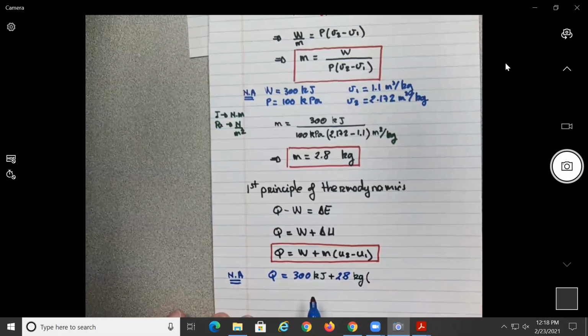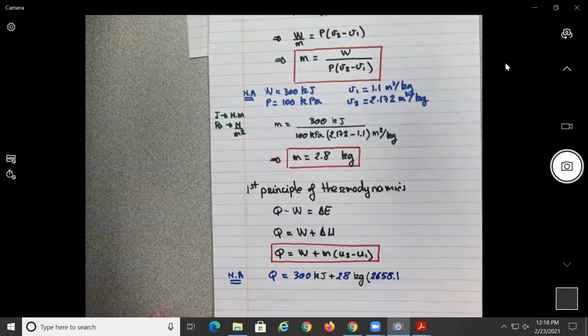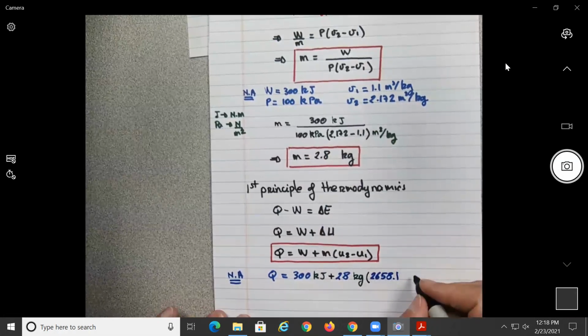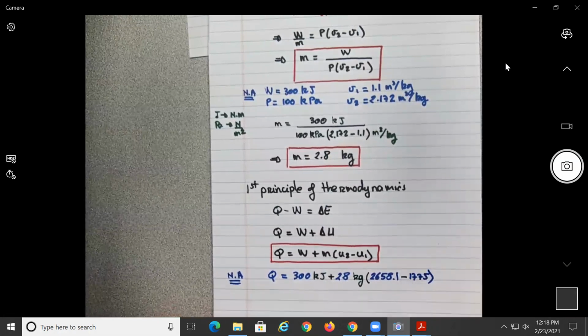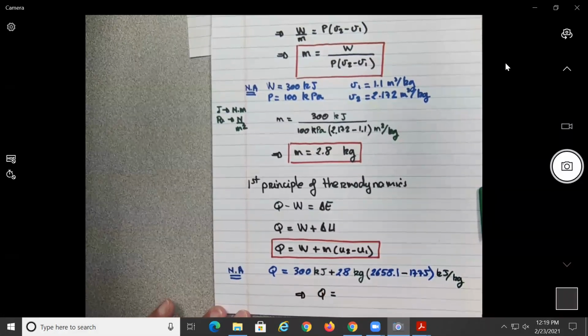Did we calculate U2? Yes, U2 is 2,658.1 minus U sub 1, which is 1775, and this was in kilojoules per kilogram. So you see the units work. So we get Q in kilojoules.